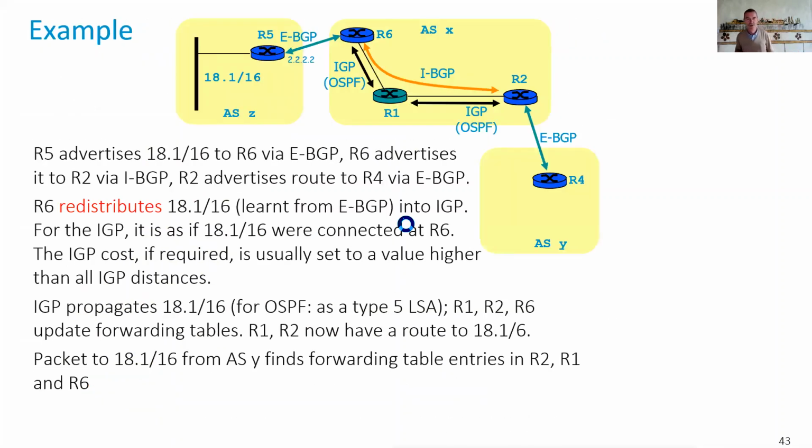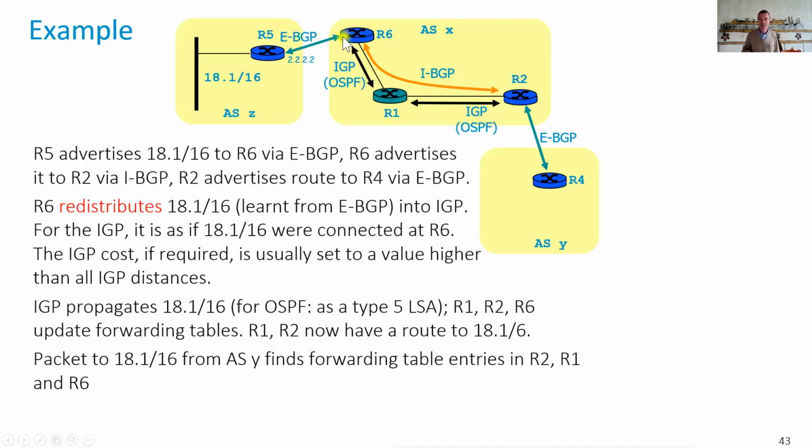Let's see an example of redistribution. Here we focus on the central AS here, and I focus on the prefix 18.1. 18.1 is an external prefix for ASX, has been learned via eBGP by router 6, and router 6 will now redistribute into OSPF.